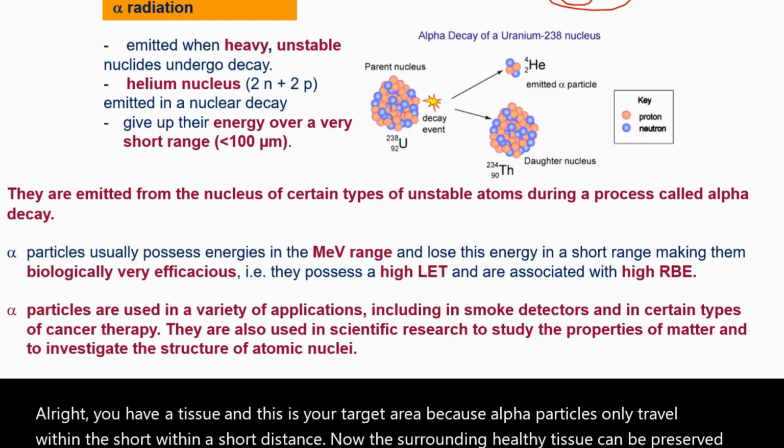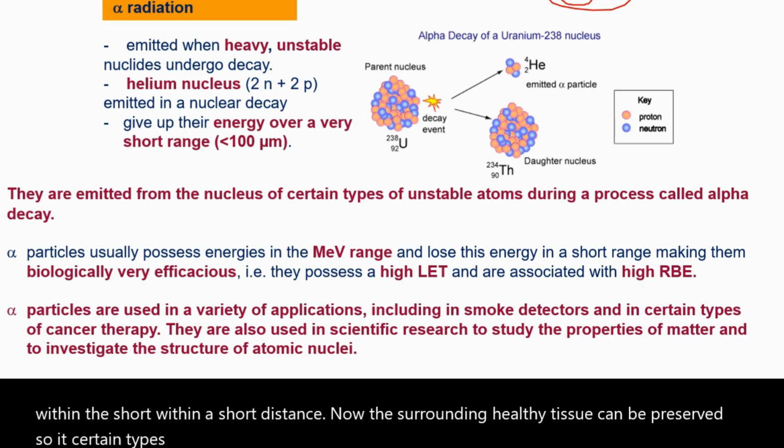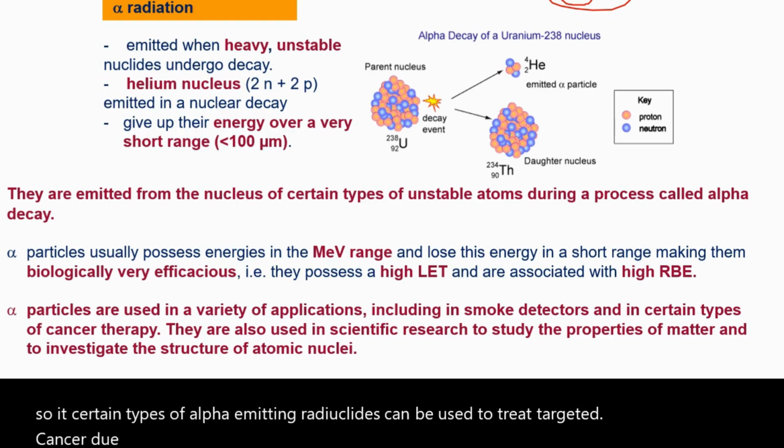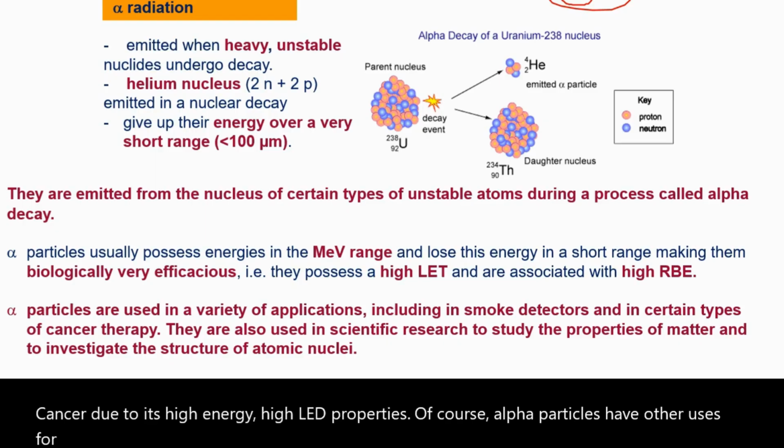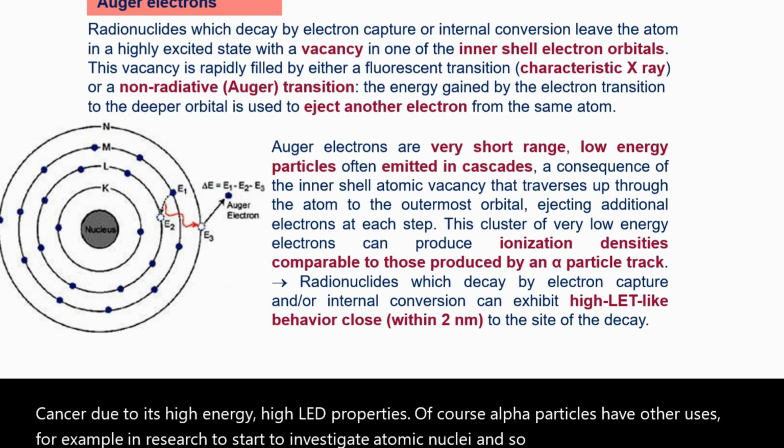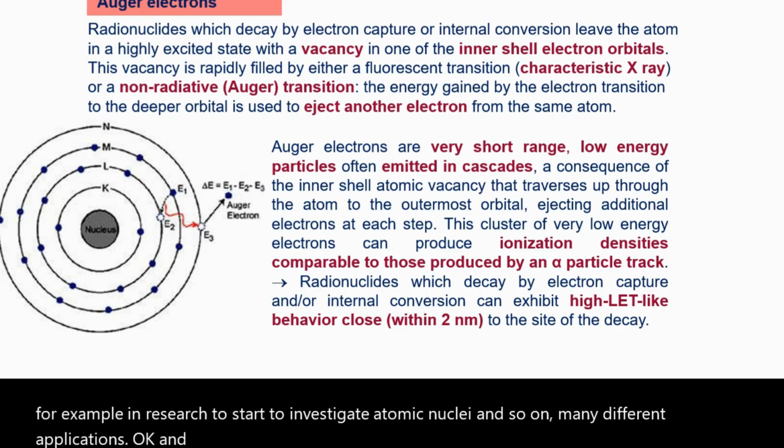So certain types of alpha emitting radionuclides can be used to treat targeted cancer due to their high energy, high LET properties. Of course, alpha particles have other uses, for example, in research to investigate atomic nuclei, and so on, many different applications.